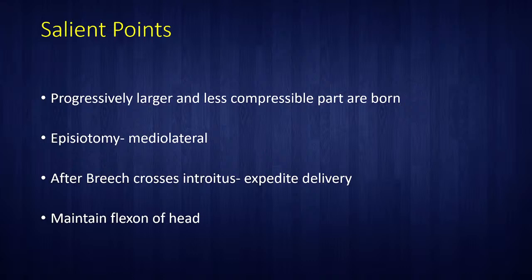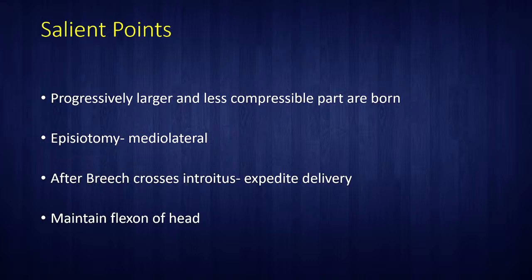Once the cord comes out, you have to be very hurried to deliver the whole fetus, otherwise the cord will be compressed and fetal distress will be there. Here episiotomy is mandatory, because without episiotomy there will be more difficulty in fetal extraction. Then after the breech crosses the introitus, expedite the delivery to prevent cord compression.